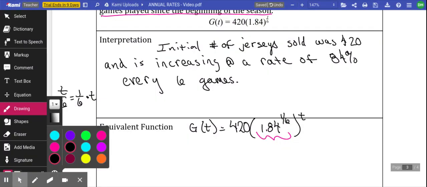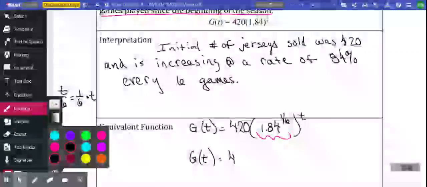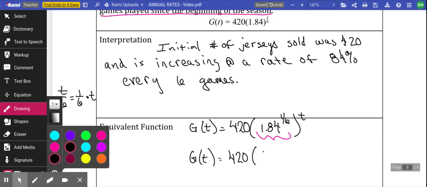All right. So we could rewrite the equivalent function as g of t equals 420 times 1.1070, and I've got 697, which is going to cause me to round to a 70. All right.